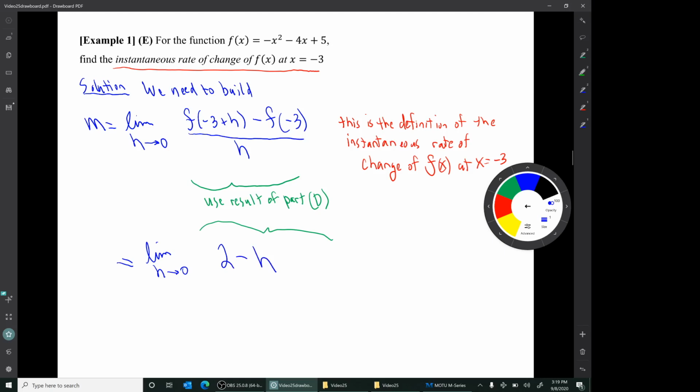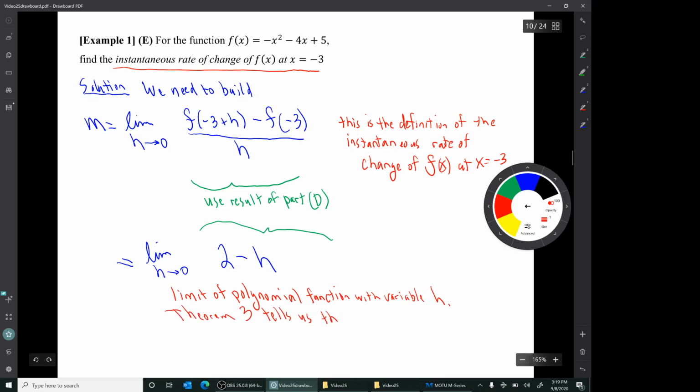So we can use our theorem about finding the limits of polynomials. So the result is when we use Theorem 3 that tells us we can just substitute in h equals 0, we get the result that m, this instantaneous rate of change, is the number 2.